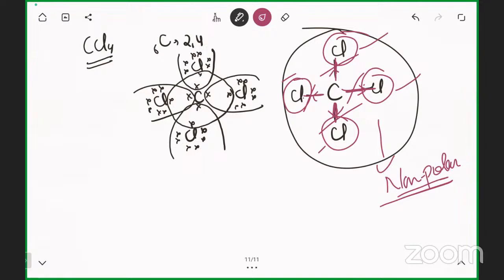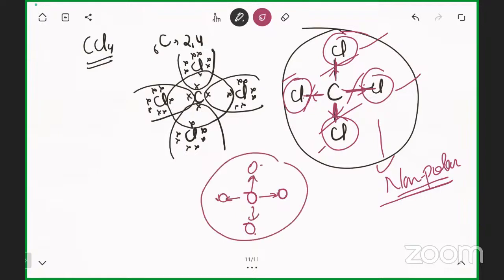If they have equal electronegativity, it means none of the chlorines is able to take this electron pair, so it will act like a non-polar compound. I'll not go this side, I'll not go this side, so I will consider it a non-polar compound.